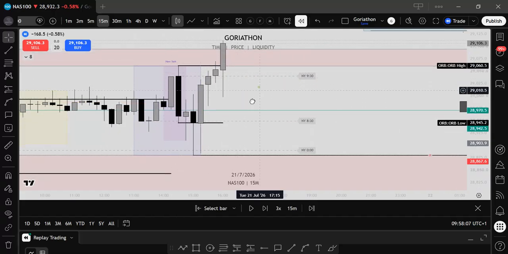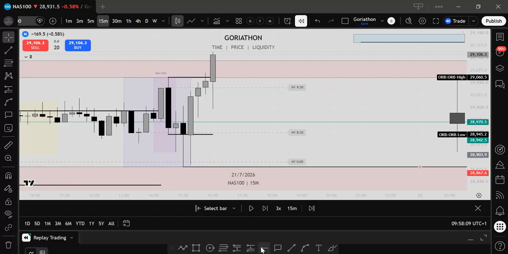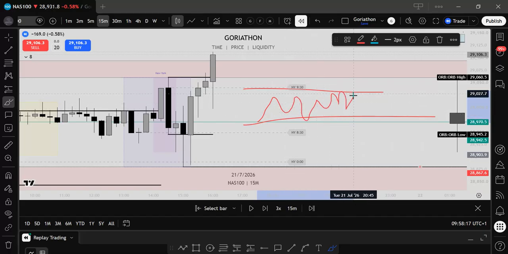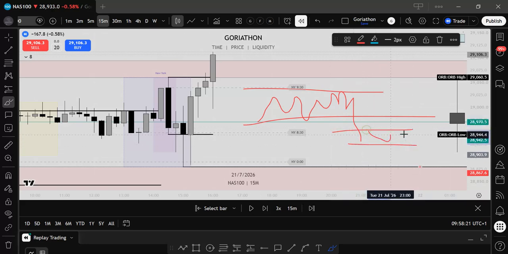Our basic idea is to see price action trade within a specific range after the New York Stock Exchange open, then sweep one side, react at a specific key level, and then go up. If the price is ranging and goes up, it reacts at a specific key level first, and then you try to catch the reversals.